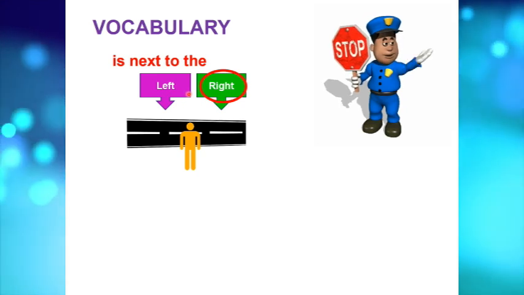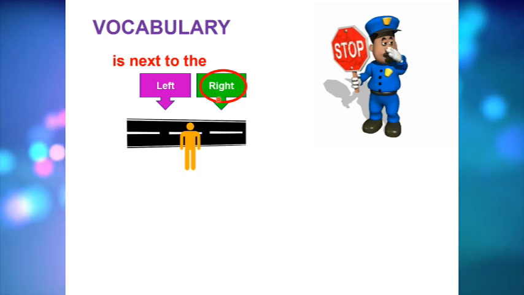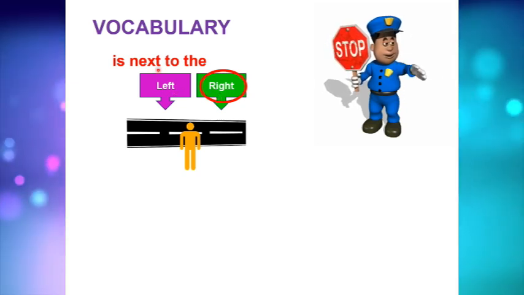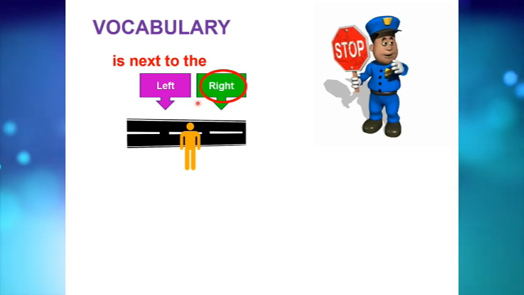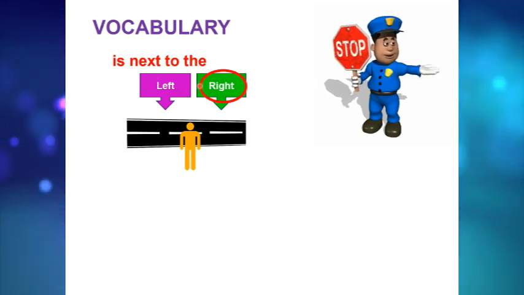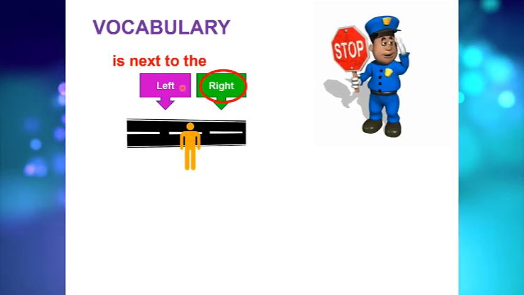So we always say the right object first in describing the phrase "next to." Okay? So we say the green building is next to the purple building.